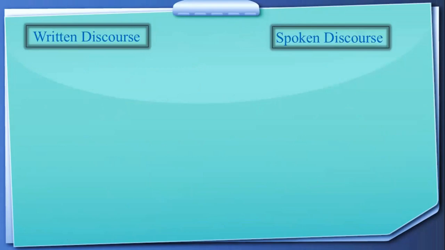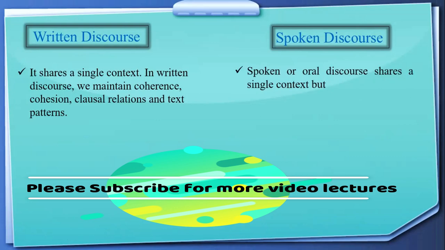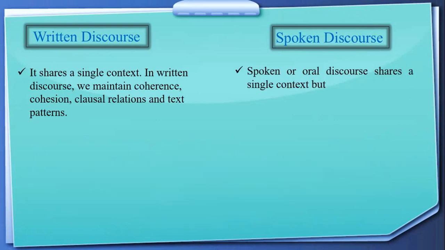Here are more points which make clear the differences between these two types of discourse. Number one, it shares a single context. In written discourse, we maintain coherence, cohesion, clausal relations, and text patterns. However, spoken or oral discourse shares a single context, but it is not as complex a process, unlike written discourse.